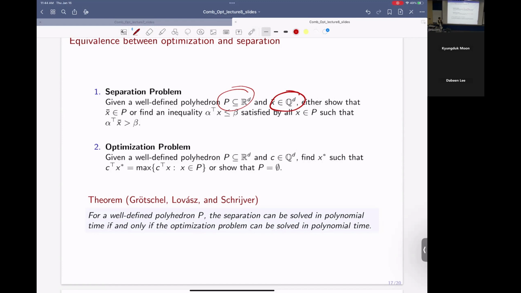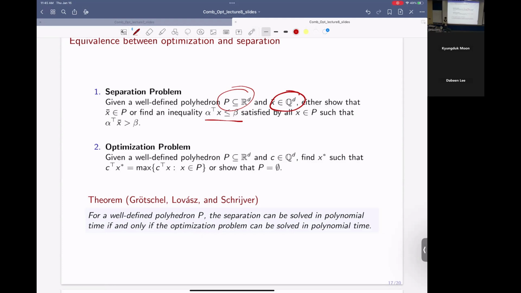If it satisfies all constraints, meaning that it belongs to the polyhedron P, then I want to prove that. If it does not belong to the polyhedron, then I want to find a proof that it is not part of the polyhedron, and the proof will be encoded as an inequality, a separating hyperplane.